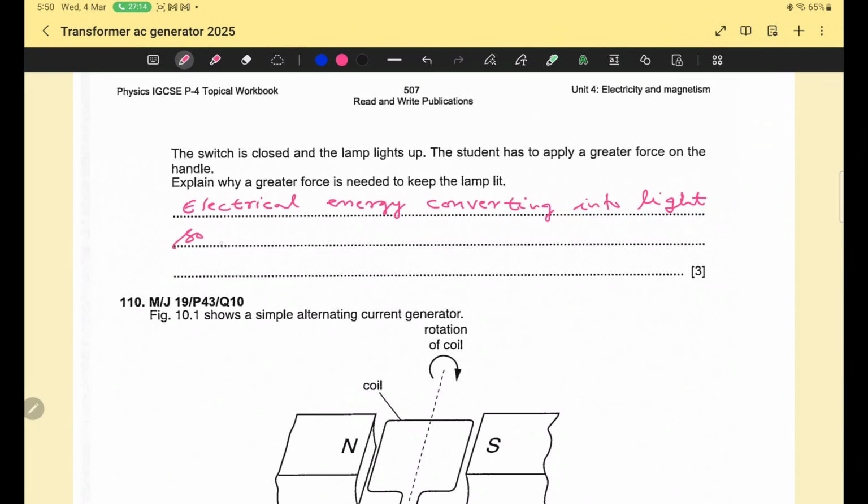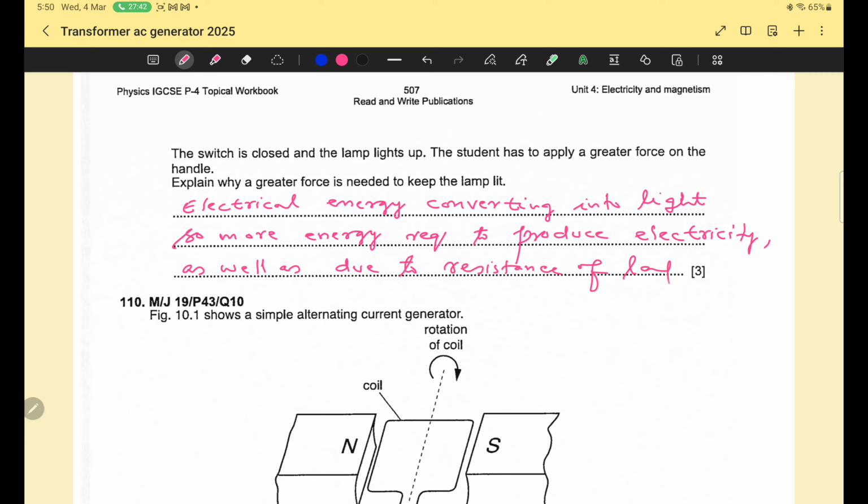So more energy is required to produce electricity, as well as due to resistance of lamp, greater force is required to turn the coil.